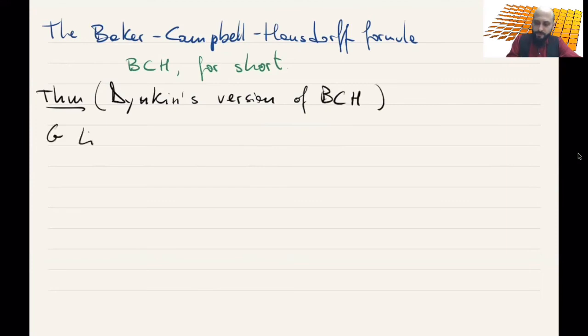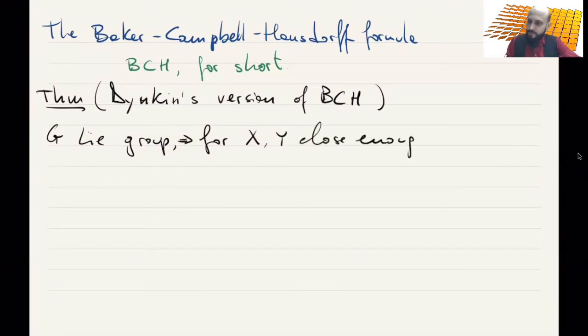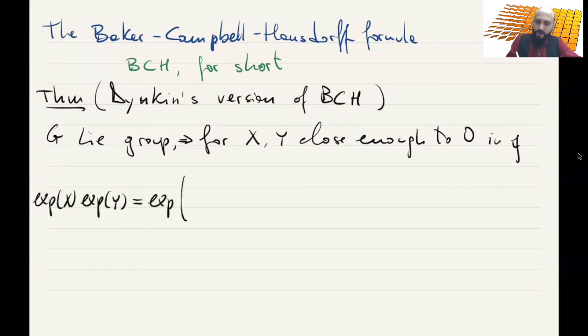So suppose you have a Lie group, then the conclusion: for all x, y close enough to 0 in the Lie algebra of G, we have that the exponential of x times the exponential of y can be written as an exponential of a polynomial in x, y, and their iterated brackets, and the polynomial, sorry, a series.